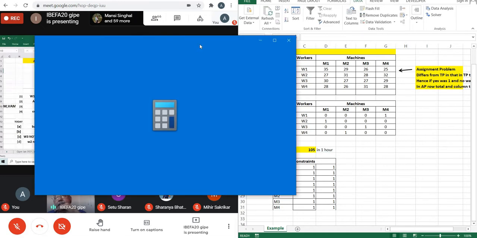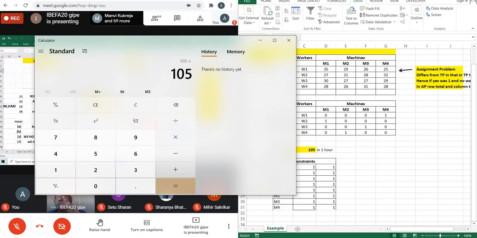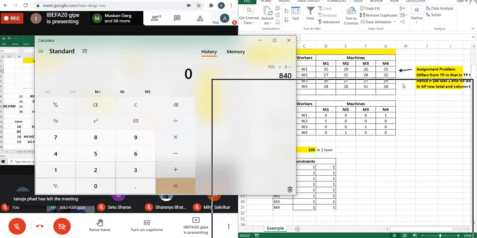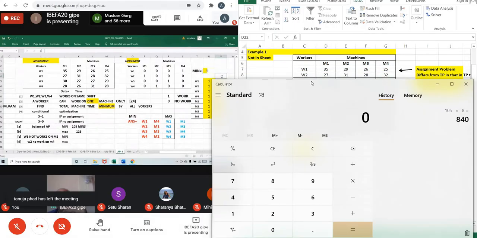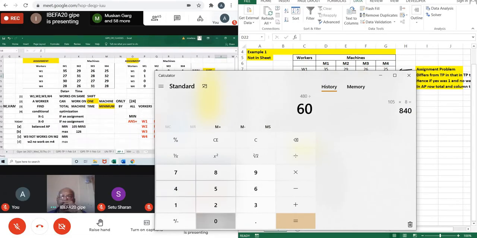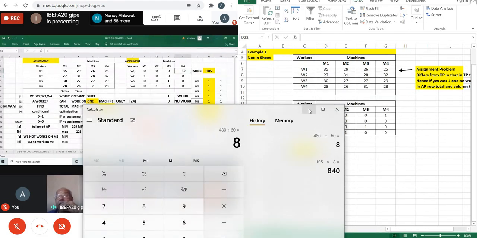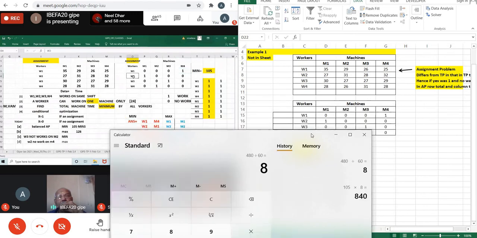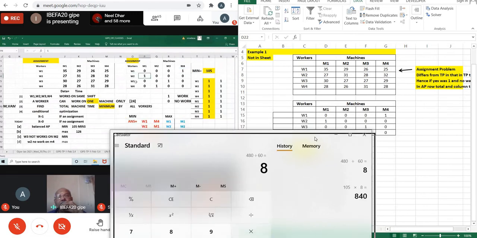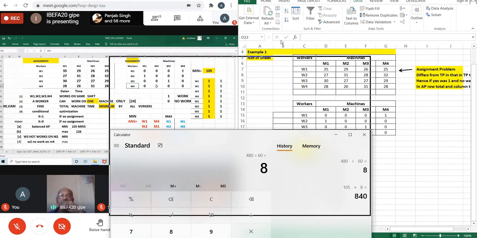Four units are completed in 105 minutes. So 480 minutes, how much? That is what I have shown to you. So worker 1 will get M4, worker 2 will get M1, worker 3 will get M3, and worker 4 will get M2.